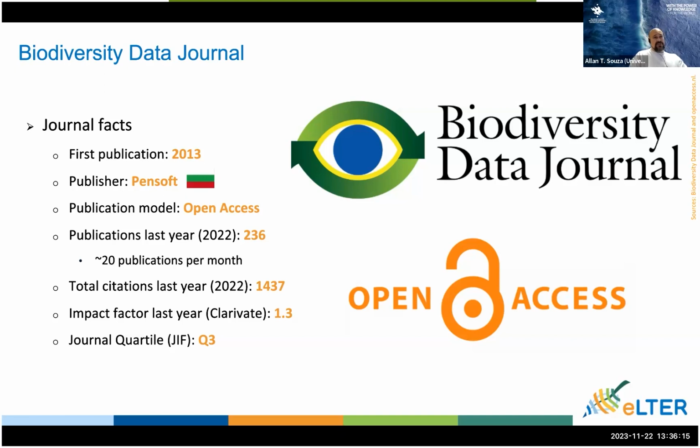I know that is not so large, but still it is good, and maybe in the future it will become larger, as with other data journals that exist. The journal is currently classified in quartile 3, Q3, but let's hope that it will improve in the future. But this doesn't mean that the quality of the journal is bad whatsoever. On the contrary, it's really good.